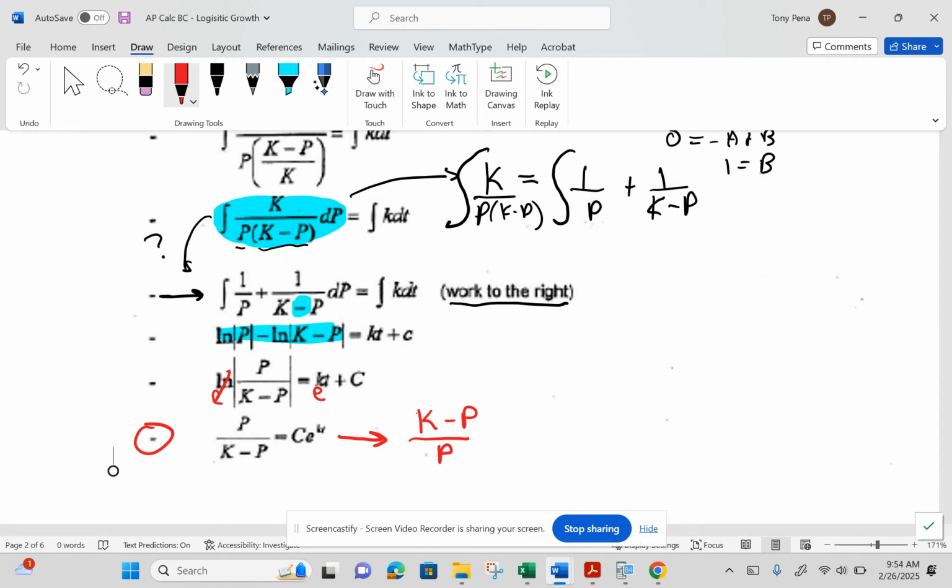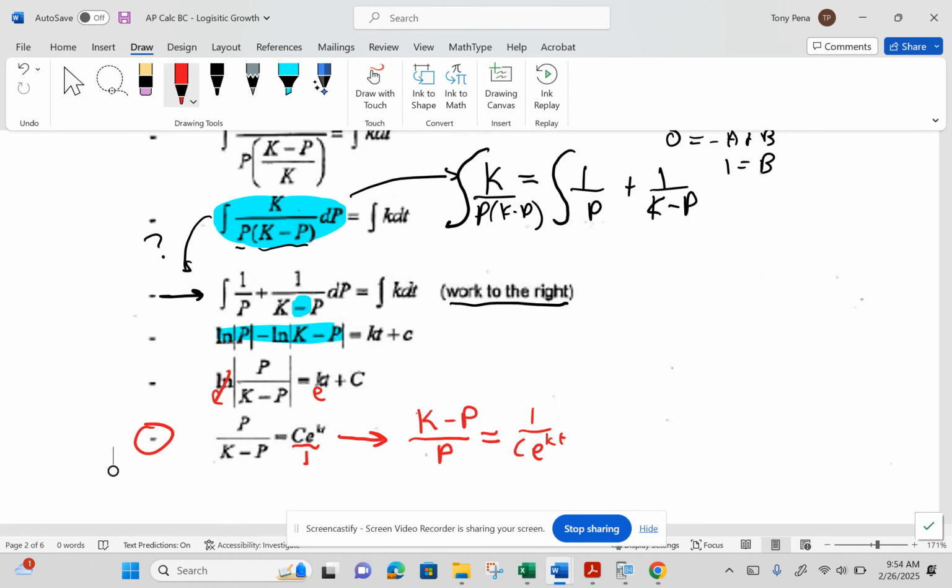So we agree we just did the reciprocal. So if I now go to the other side, I would want to do the reciprocal of this side as well. So what that would initially look like is 1 over c e to the kt. We just did the reciprocal of it. So we just flipped everything.